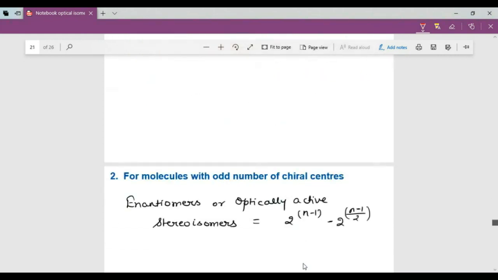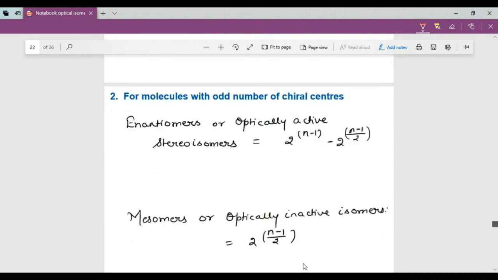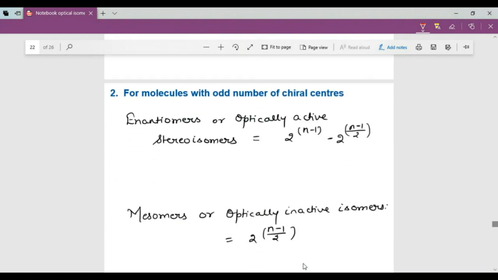If I go to something that has an odd number of chiral centers, okay, then if I take n equal to 3 as we have drawn above, enantiomers are optically active stereoisomers, then E is equal to 2 raised to power 3 minus 1 minus 2 raised to power 3 minus 1 by 2.